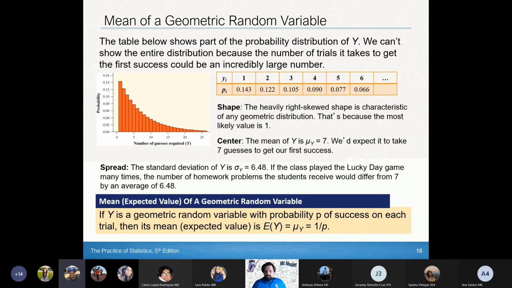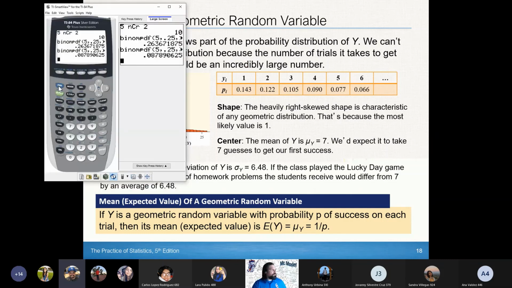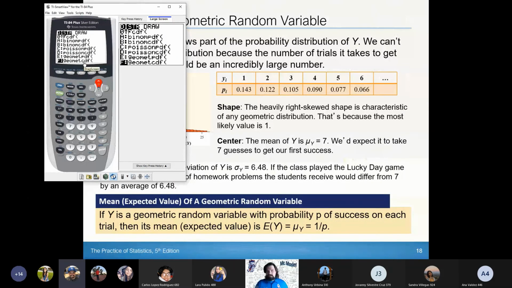Also, on your calculator, if we go to the same second vars to go to our distribution tab, we have Geomet PDF and Geomet CDF, similar context to the binomial PDF and binomial CDF. The PDF is x equaling a specific value.